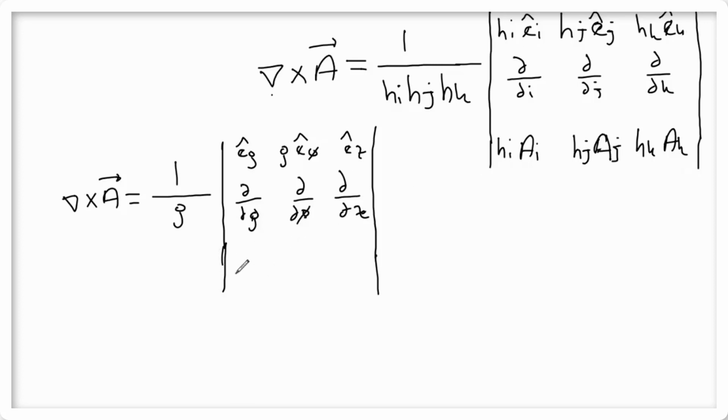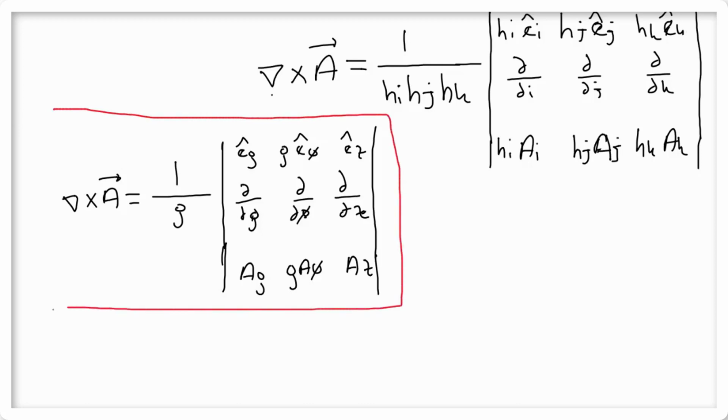Let's write it like that. A rho, rho A phi, that is h rho 1, h phi rho. h_z is 1, it will only stay A z, okay? So, this is how it is written in the curl operation, my friend.